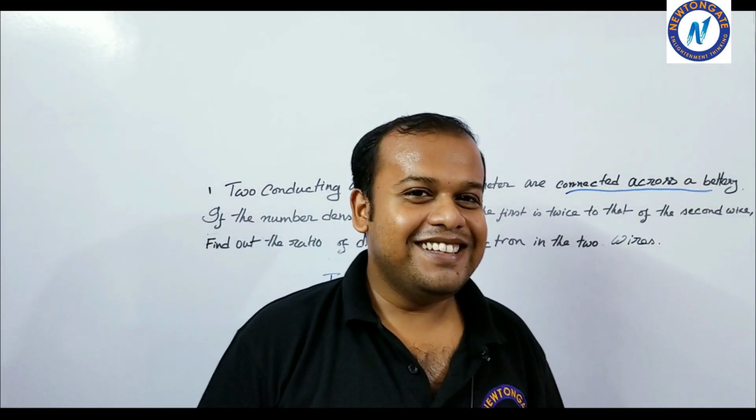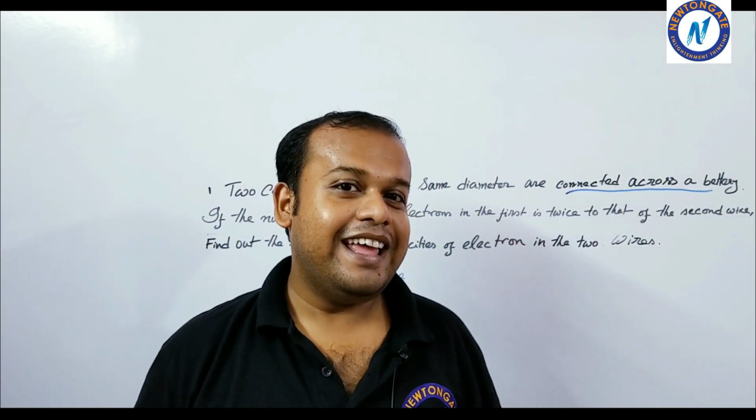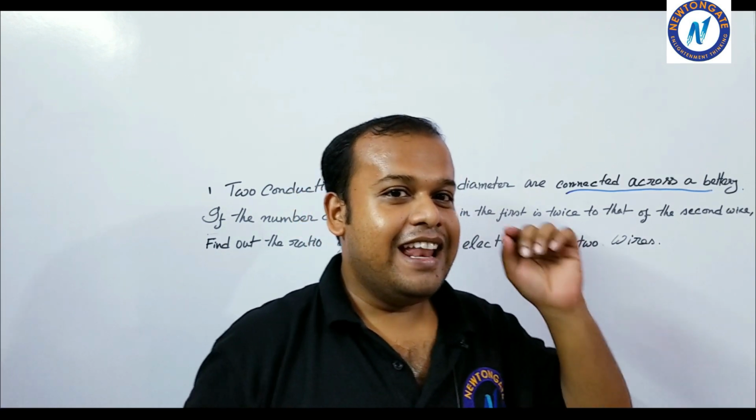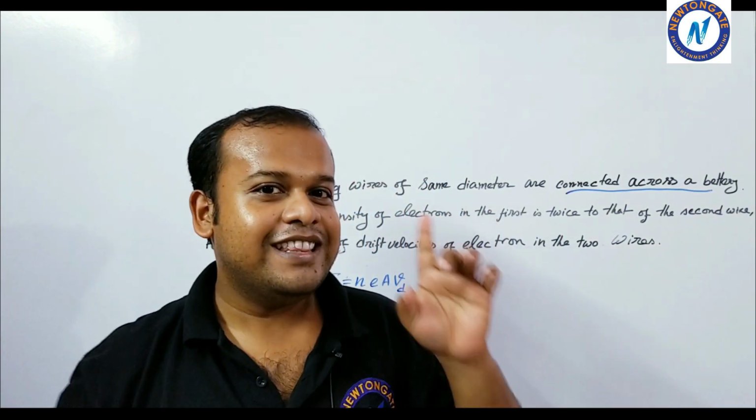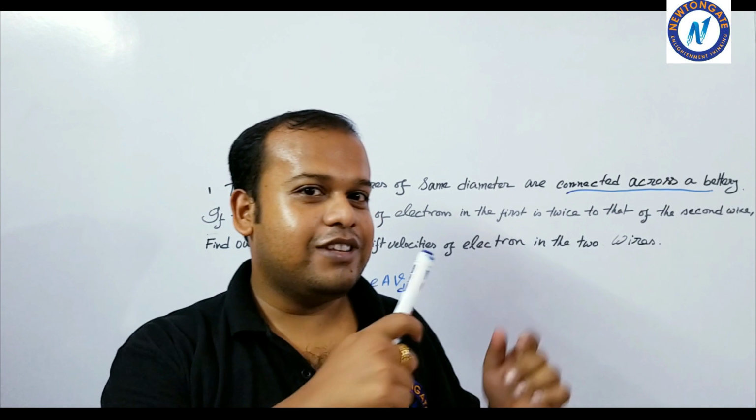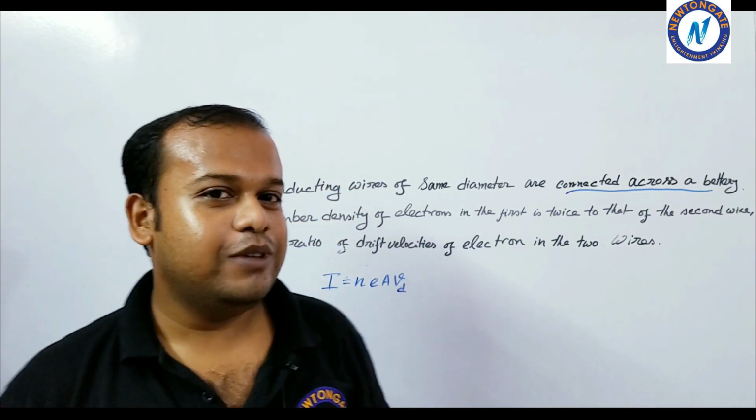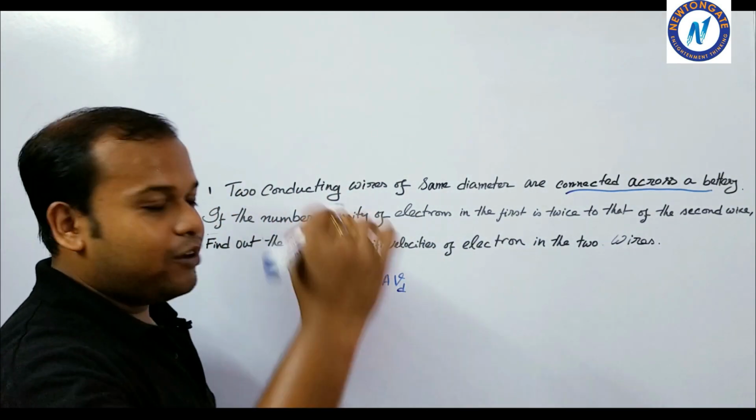Now let us consider the situation for the individual wires. Let us consider for wire 1 the current is I1, and for the second wire the current is I2, and let us write this equation accordingly.